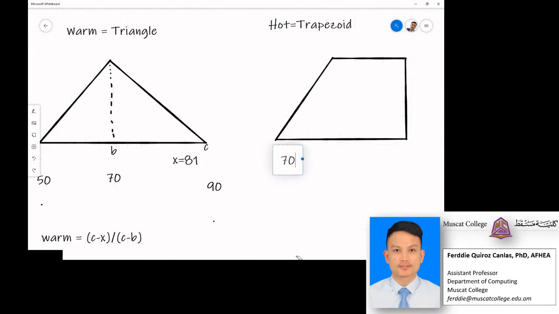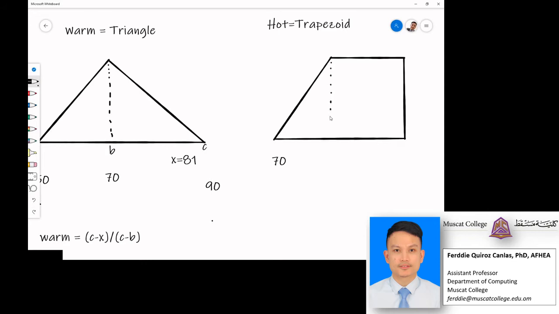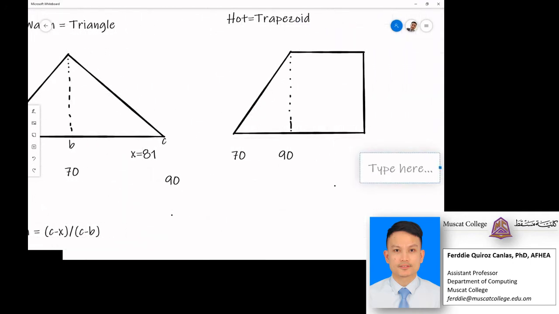We have 70 for this, and we have 90. And then we have 110, right? This is 110. Okay, good. So we are calculating for the same value of X, which is 81.